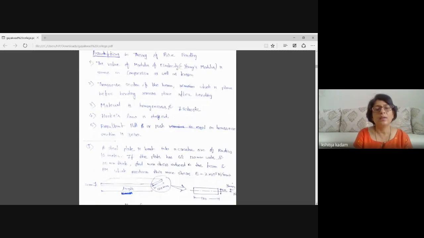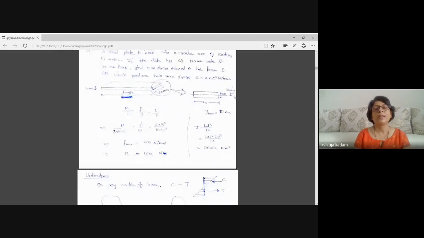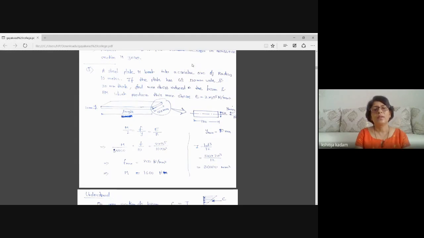Let us move. You already know the assumptions. That the assumptions are mostly not asked, so that I will not take another example. The steel plate is bent into a circular arc of radius 10 meter.